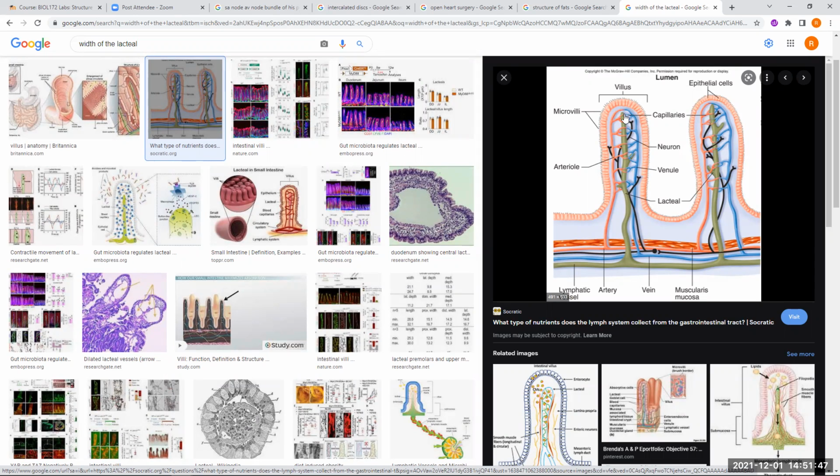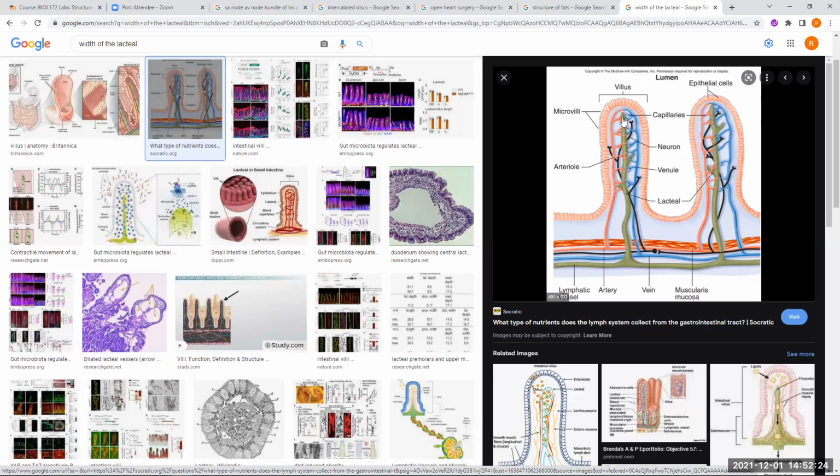And running at the center, you have a capillary bed. Here you have an artery and a vein, a venule, which is a smaller representation of a vein, and an arteriole, a smaller representation of an artery, and then a capillary bed. The capillary bed runs between the arterioles and the venules, and at the center you'll have the lacteal, right?